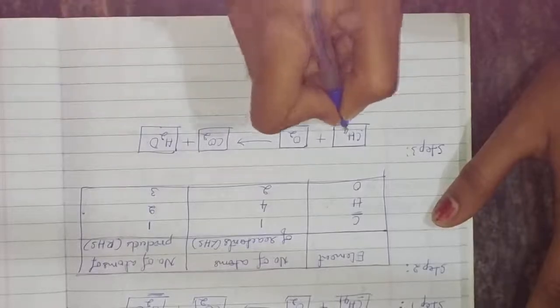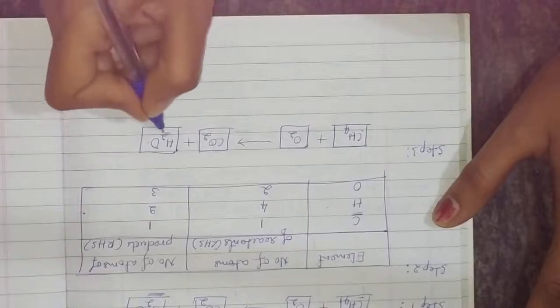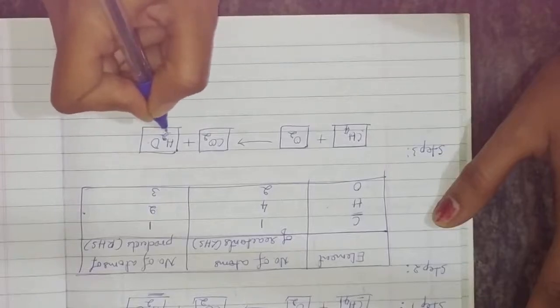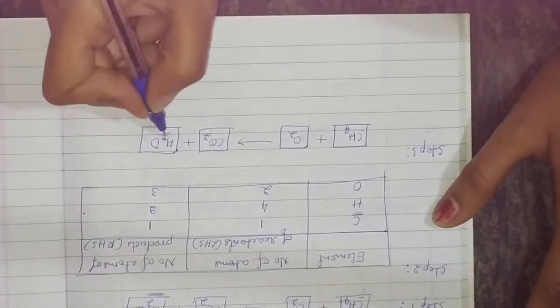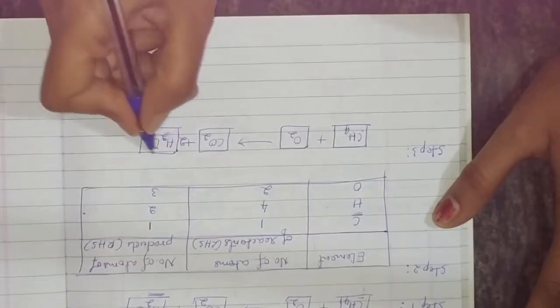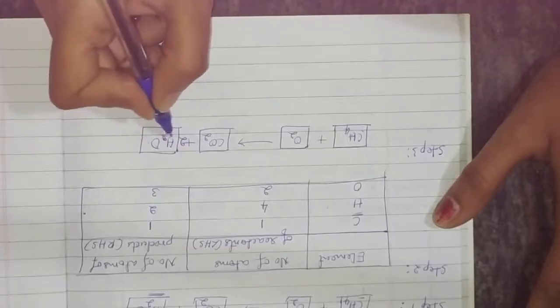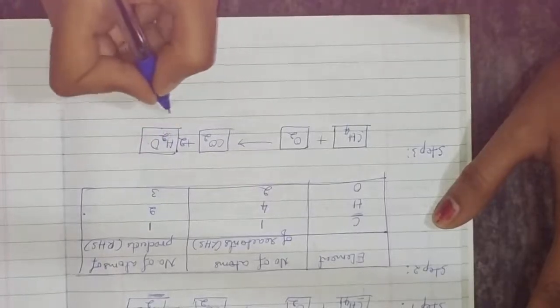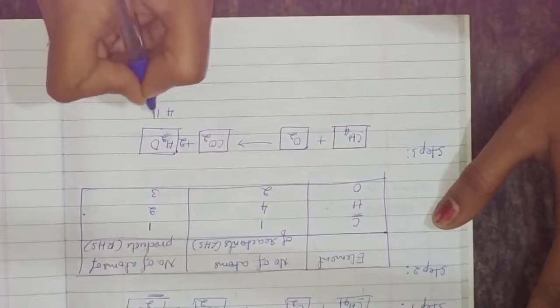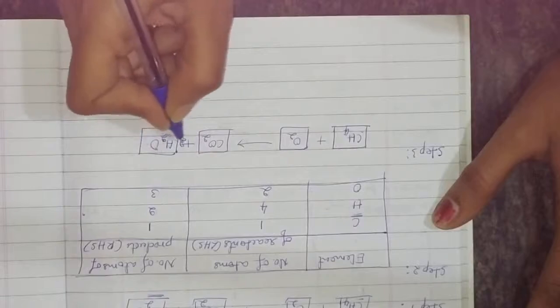In methane 4 hydrogen atoms are there, but in product side 2 hydrogen atoms are there. If I multiply this water by 2, then number of hydrogen atoms in product side will become 4. Therefore here I multiplied this whole water molecule by 2.